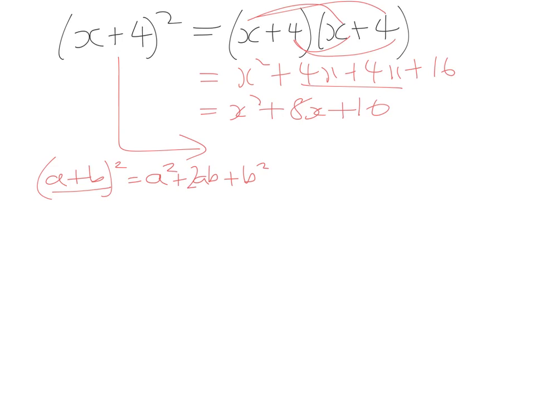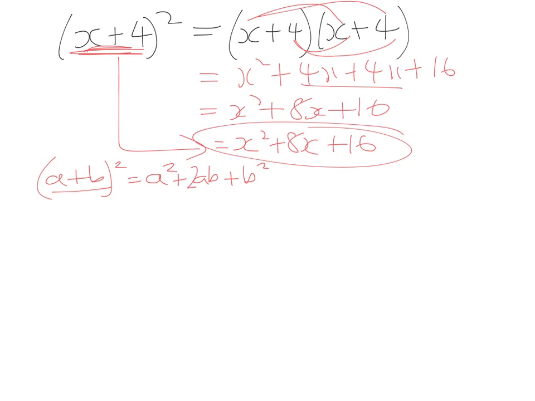So if we go back to our question, we can square the first, x squared, square the last, 4 squared is 16, do the product, which is 4x, double it, and you get 8x. Now it doesn't matter which way you go, but obviously that is the quicker way.